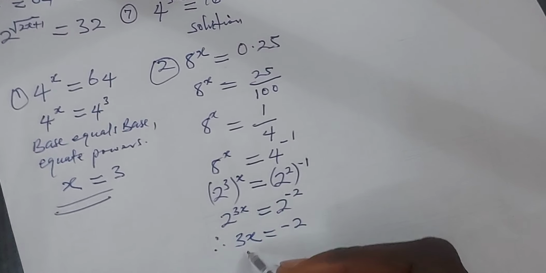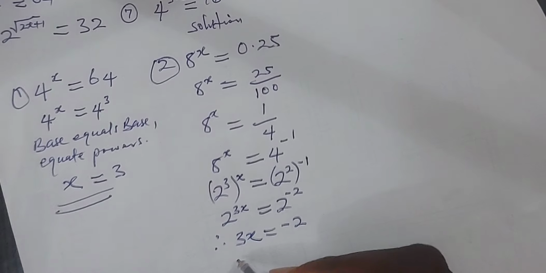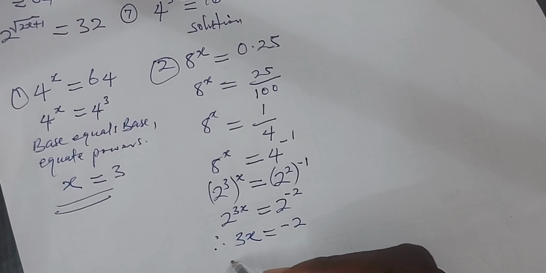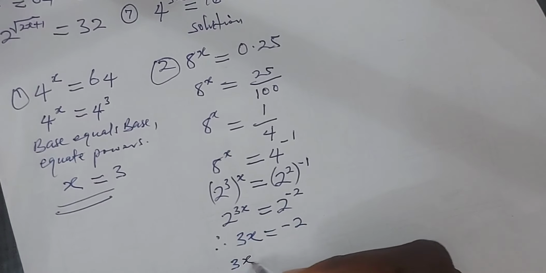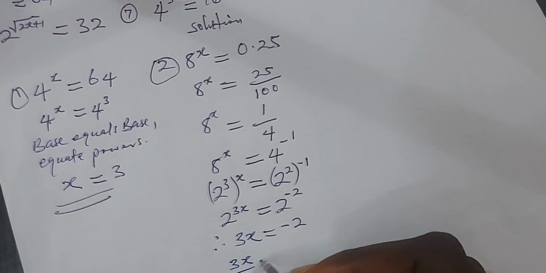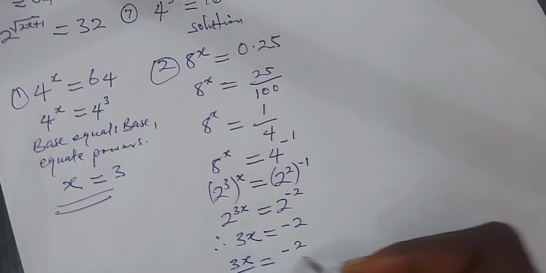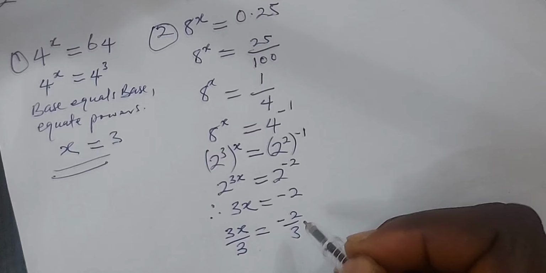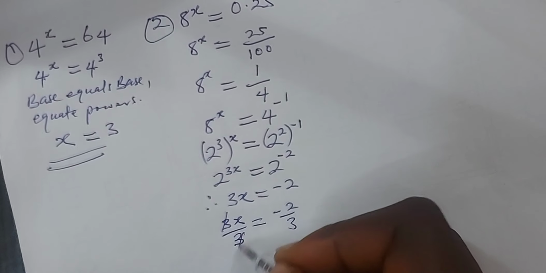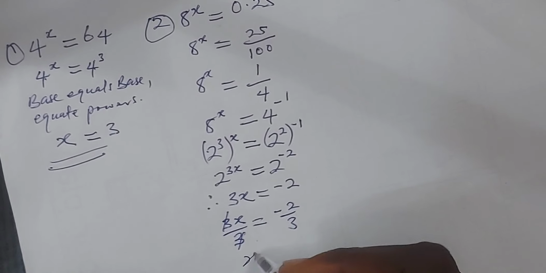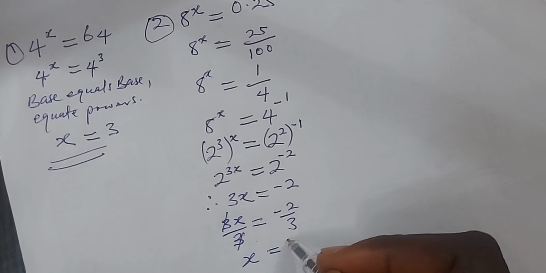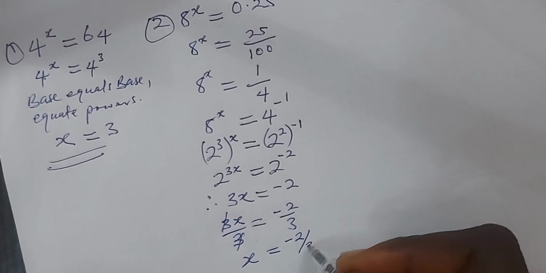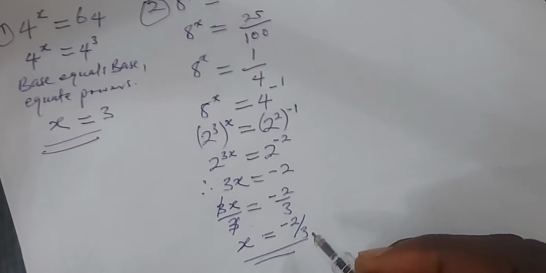Divide both sides by 3. We should have 3x over 3 equals minus 2 over 3, and 3 cancels 3. We have x equals minus 2 over 3. That is your answer.